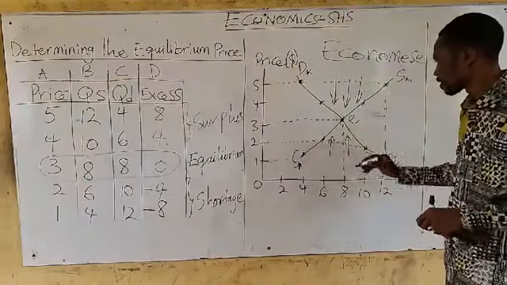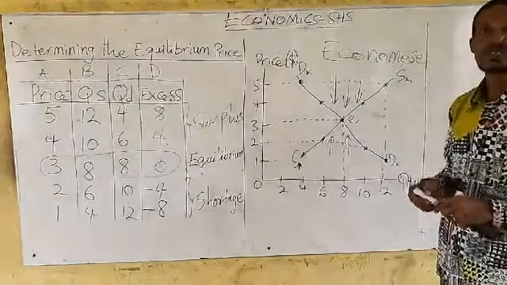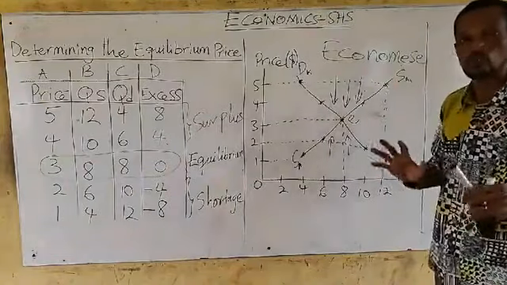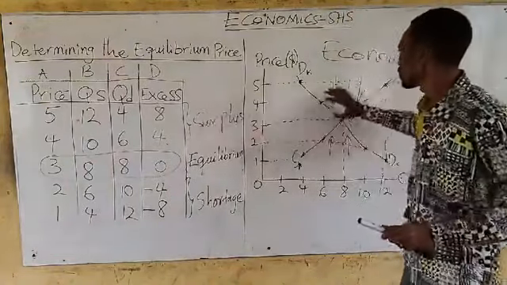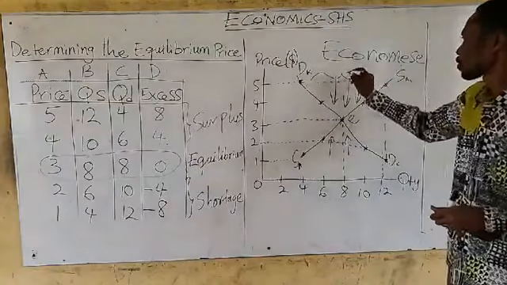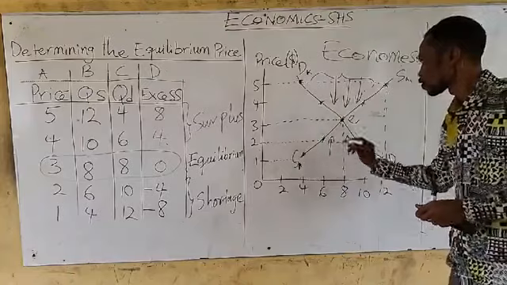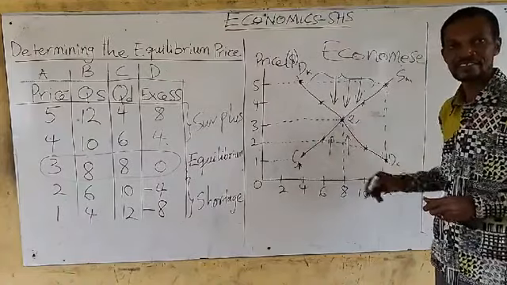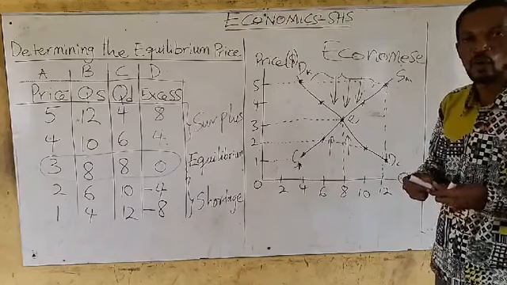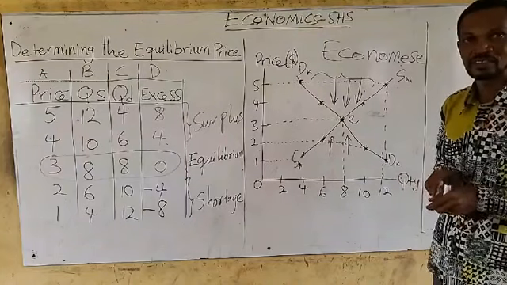The gap here is what we call shortage. The gap between this and that side is what we call surplus, as established here. So this is a surplus area, and down here is shortage. But this point is the key, the agreed price, the market price, or the equilibrium price.